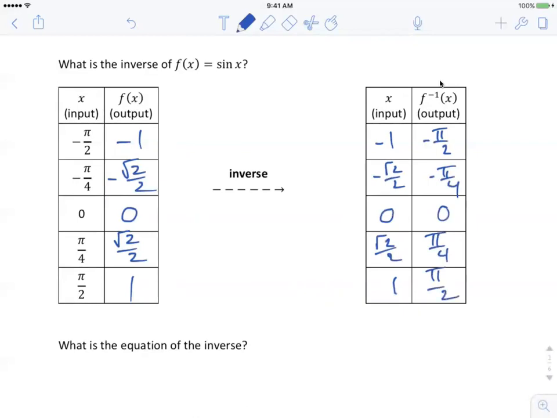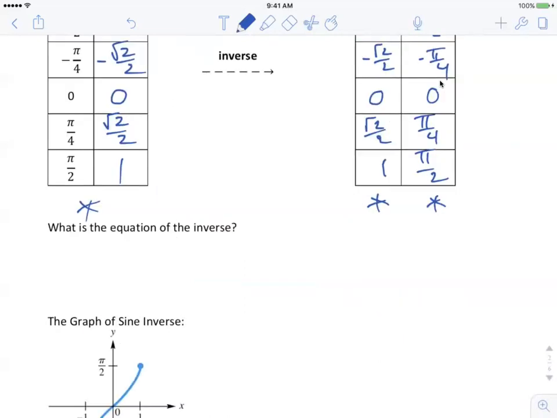That's okay, but typically you'll see it done with radians, real numbers. So the idea is when you're dealing with inverse trig functions, your inputs and outputs are reversed, right? Inputs are ratios of sides or points on the unit circle, and the outputs are angle measures. It's reversed from when we did the regular sine.